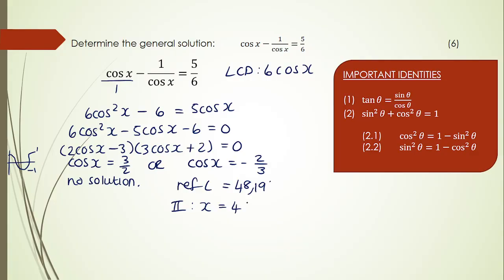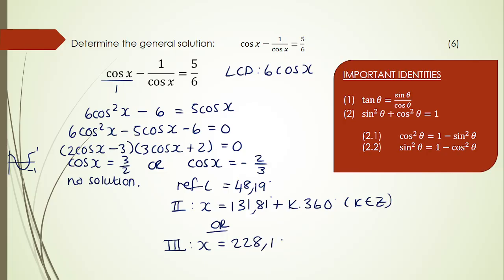So x is equal to 48,1. Oops. It is 180. Sorry. 180 minus 48,19, which is 131,81 plus k times 360, or it's negative, so it's quadrant 3, which is 180 plus 48,19, 228,19 plus k times 360.